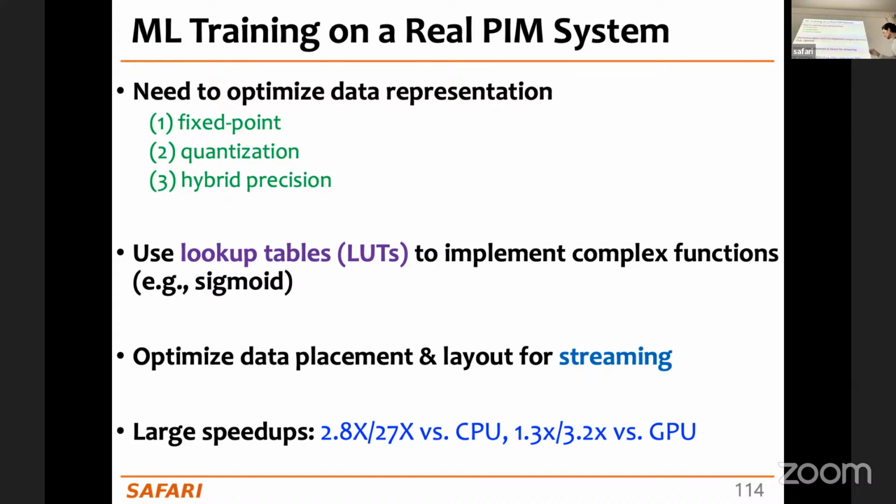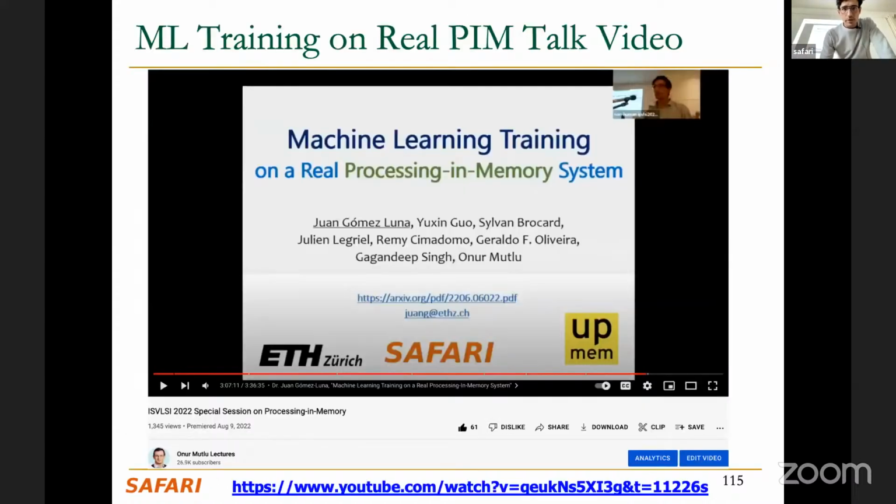In this case, we even compared to a more recent GPU, an A100, and for k-means, the PIM system is 3.2 times faster than the A100 GPU. There is also a recent talk about this work.